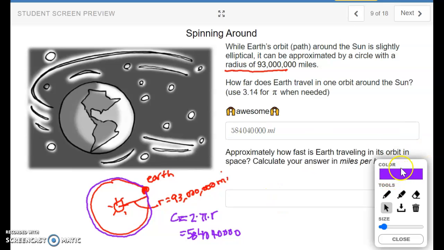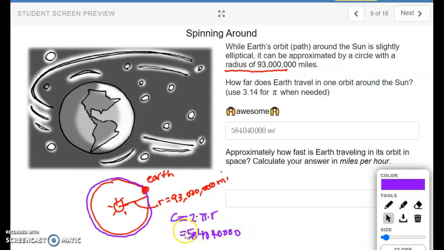Then I am going to be asked approximately how fast the Earth is traveling in its orbit in space. Calculate your answer in miles per hour. So this is the number of miles it is traveling in 1 year. Remember, it takes a whole year for the Earth to go around the sun.